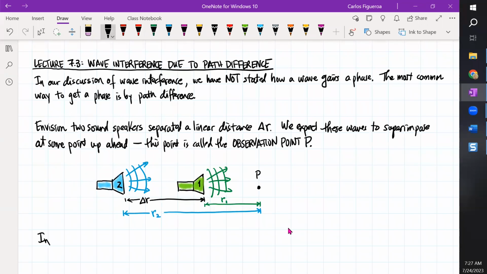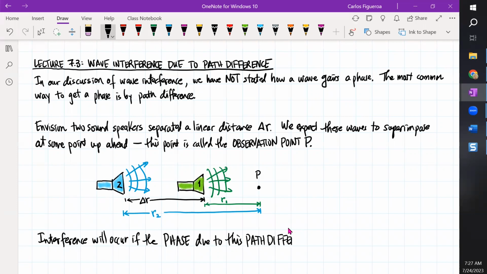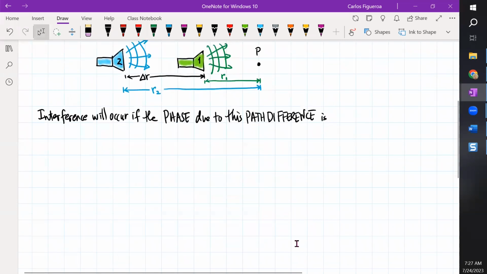Interference will occur if the phase due to this path difference is, B, and with two different paths, this is R2 and this is R1.